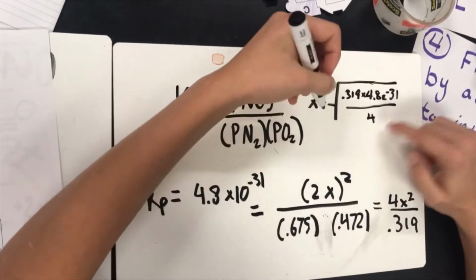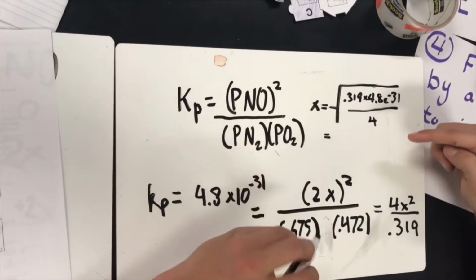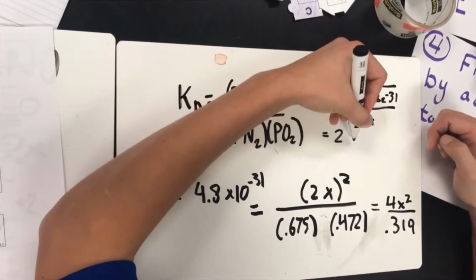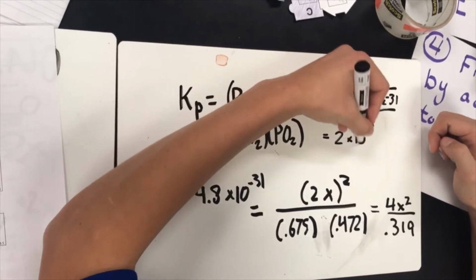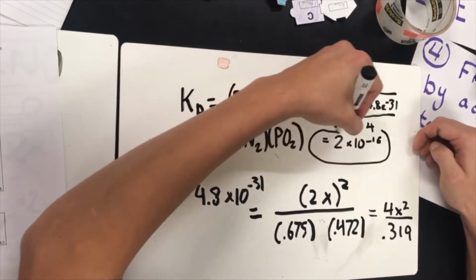And then once you put it all in your calculator, it's going to come to this final value, which is the x value, which is 2 times 10 to the negative 16. So this is the final value we need.